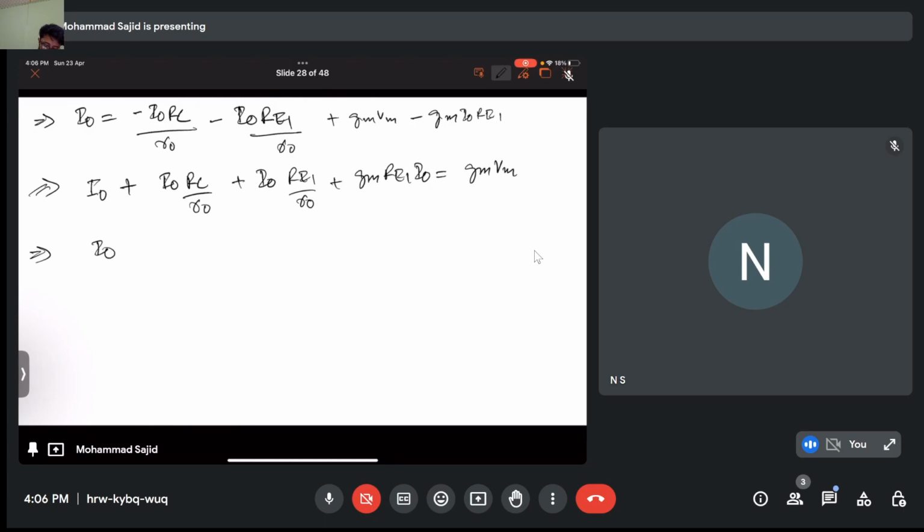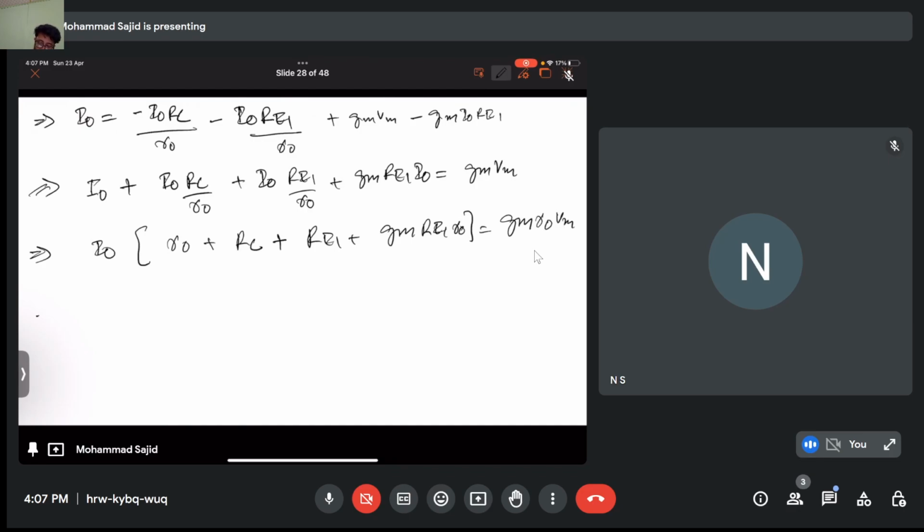If I take I naught as common and R naught as LCM, it will be R naught plus RC plus RE1 plus GM RE1 R naught. The R naught will be on the denominator, I am just cross multiplying it, so it will be GM times R naught into Vin.